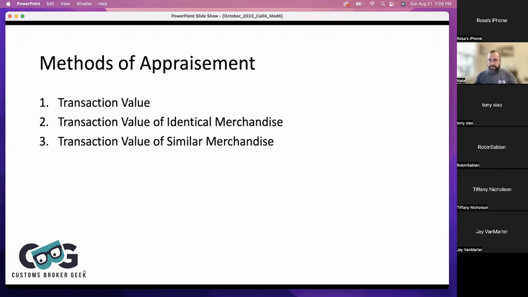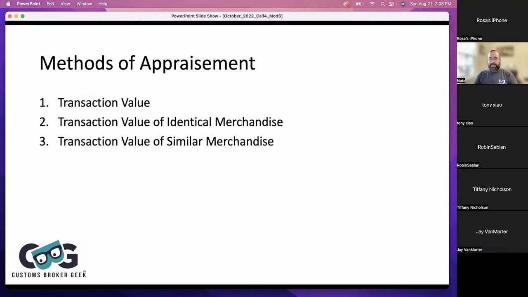There's many different manufacturers. So if somebody was shipping a bunch of AA Energizer batteries, but they were shipped free of charge, so you don't have a transaction value. If there was another shipment of those same batteries where there was a transaction, then you could use transaction value of identical merchandise. They're still those same AA Energizer batteries.